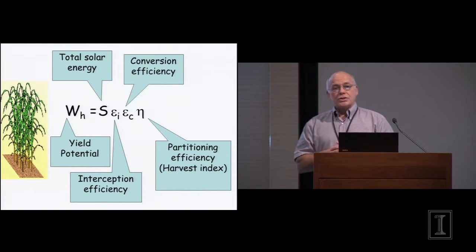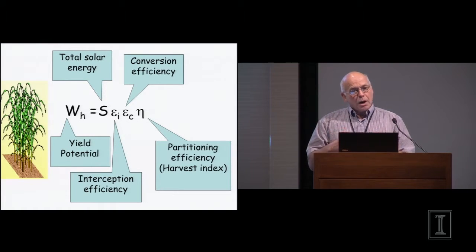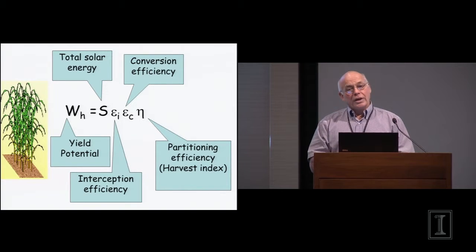What Steve told you yesterday is that breeding has been tremendously successful at maximizing 2 of these 3 genetic determinants. One is the efficiency of light capture, and as I'll show you in a minute, many of our best crops now capture about 80% or more of the total radiation available during the growing season.